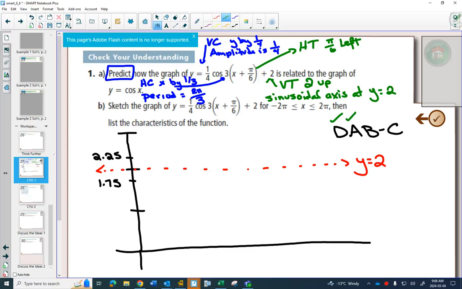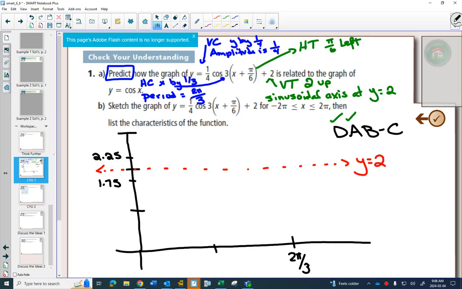Our B value, we already said, that makes our period. Our period is 2 pi over 3. I'm going to go somewhere on my x-axis and label 2 pi over 3. And I'm going to divide it into 4 equal sections.